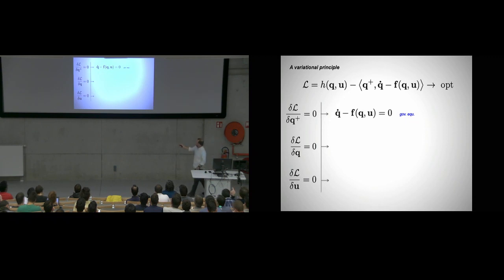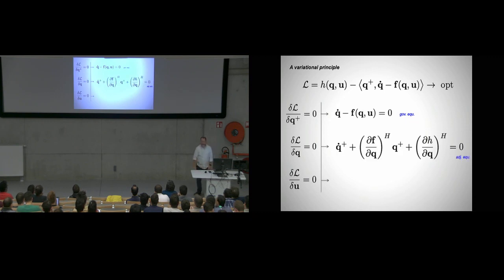It gets a little bit more complicated for the second one. Now we're doing dL/dQ, and we see that Q appears here as a time derivative, and here inside the f. So in that case, we have to do a little bit more work. That one uses integration by parts, but it's not so bad. And then you get an equation that looks like this: Q plus dot, df/dQ, h, Q plus, dh/dQ. This is the part from differentiating the Q in here. That's the h component. That's the f component.